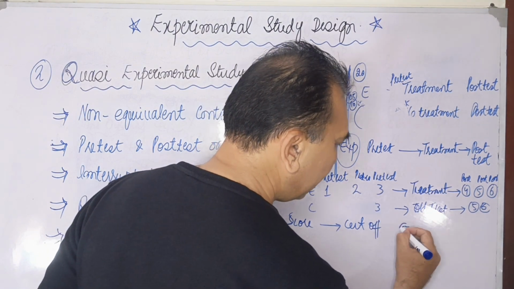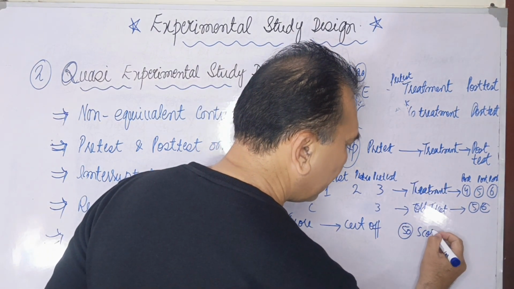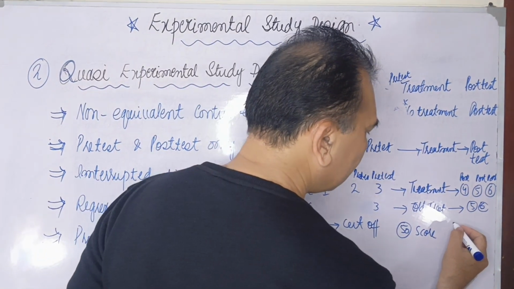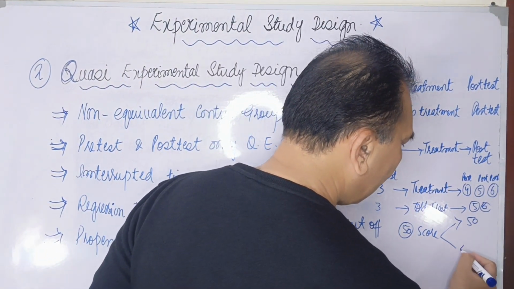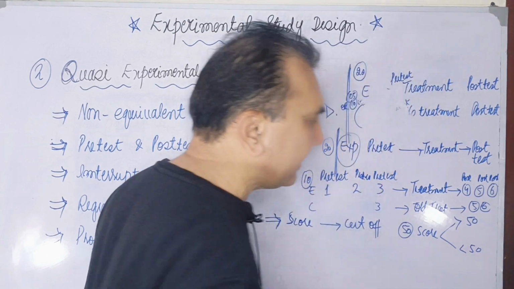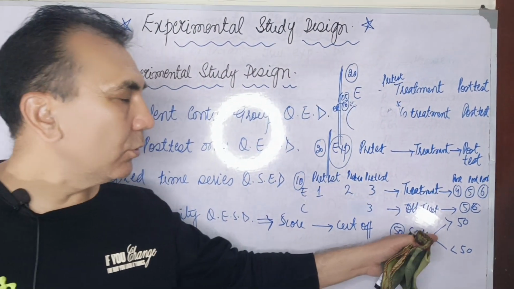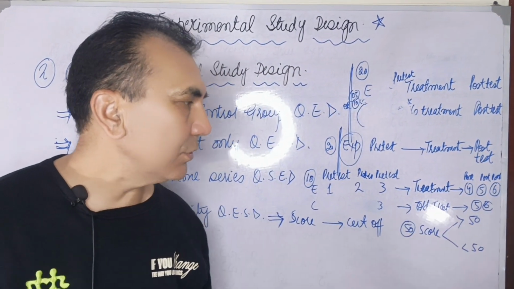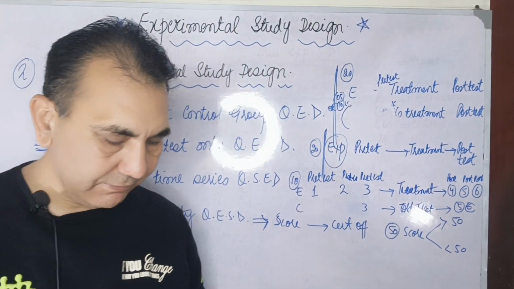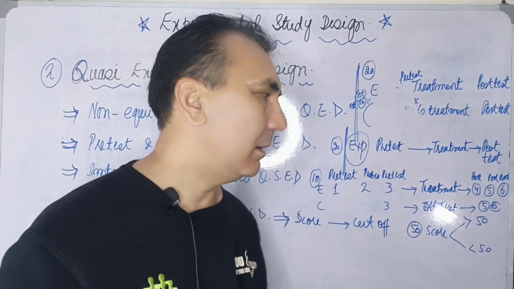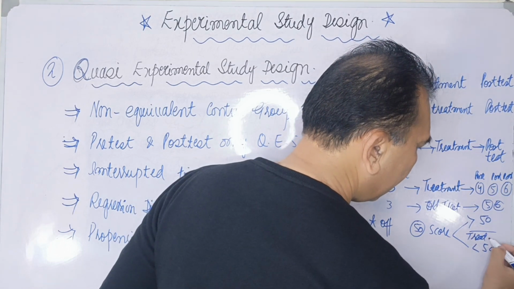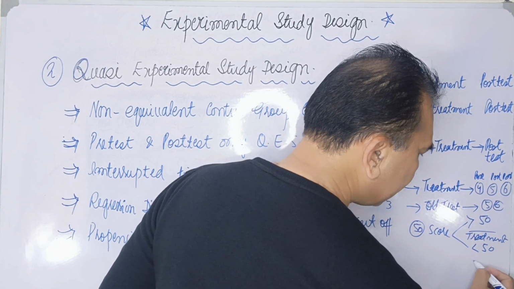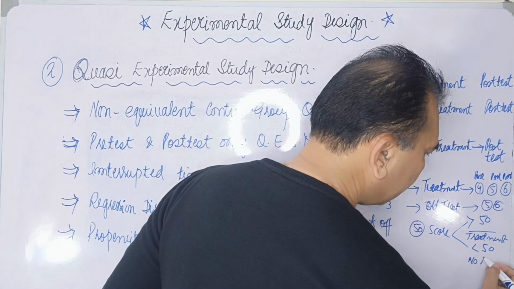cutoff point at a 50 score. Those who get more than the 50 score, and those who get less than 50: those who get more than 50 will take the treatment, and those who are less than 50 get no treatment.